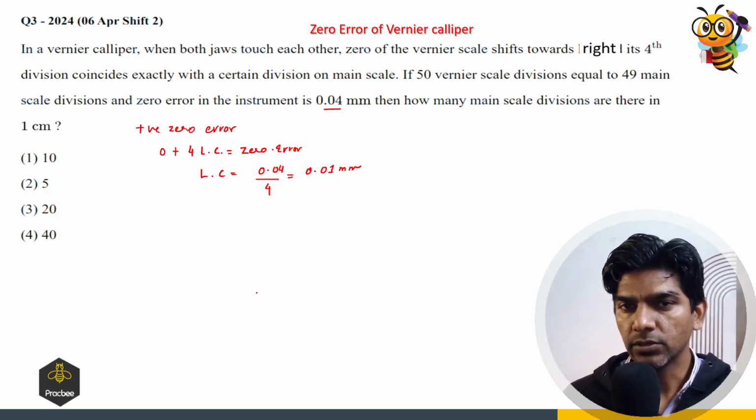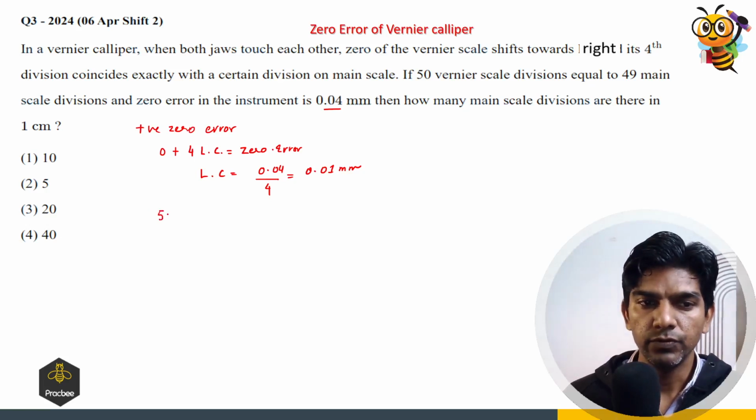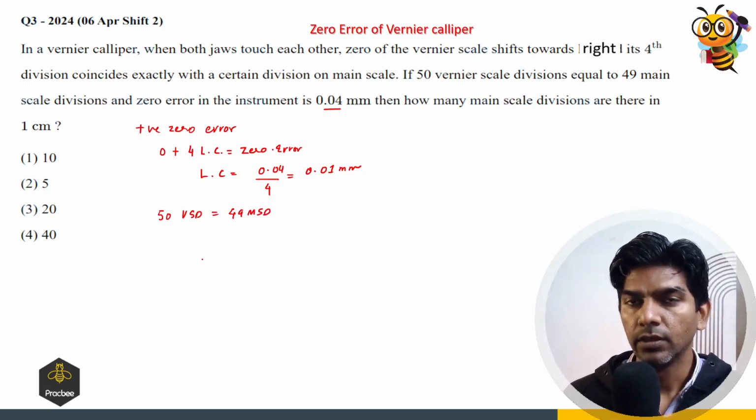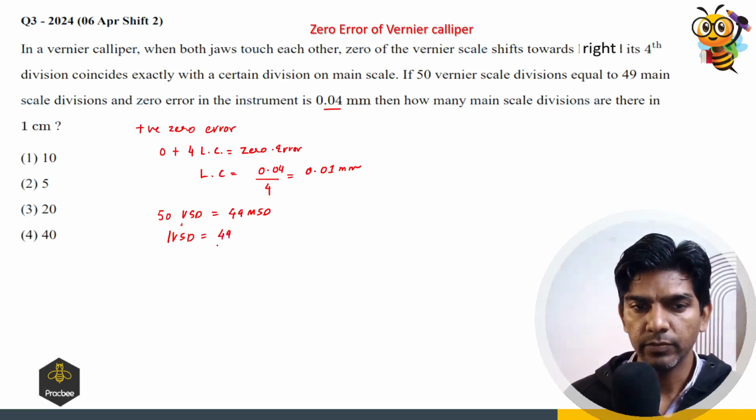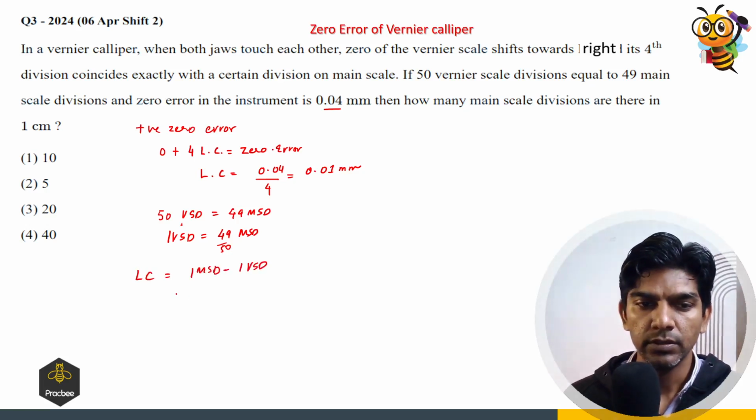So we got the least count, and we are given 50 Vernier scale divisions coincide with 49 main scale divisions. Now we can say one Vernier scale division will be 49 by 50 main scale division. And we know that least count is 1 main scale division minus 1 Vernier scale division.